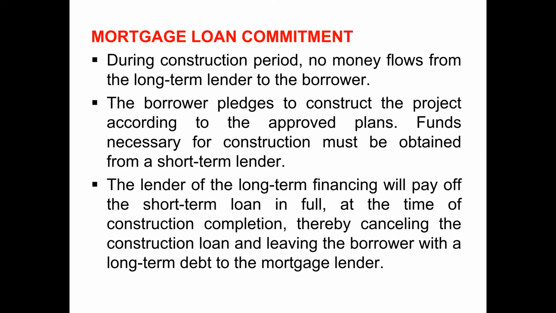Now when everything is complete, they can pledge this project for a mortgage and get a loan for the next 20 to 30 years, a long-term loan. From this loan they pay money to clear the construction loan, and the rest of the money will be used for the next project. So this is mortgage loans.